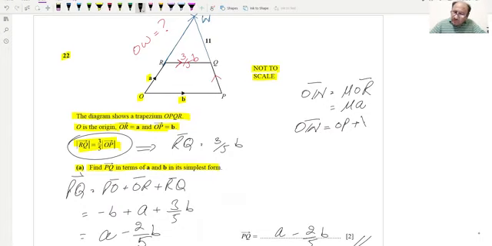So that will be, we can write lambda PQ. So PQ is value we already have, so we will replace that value. OP vector is basically B, so we'll write B plus lambda into PQ. We found PQ is A minus 2 by 5B.